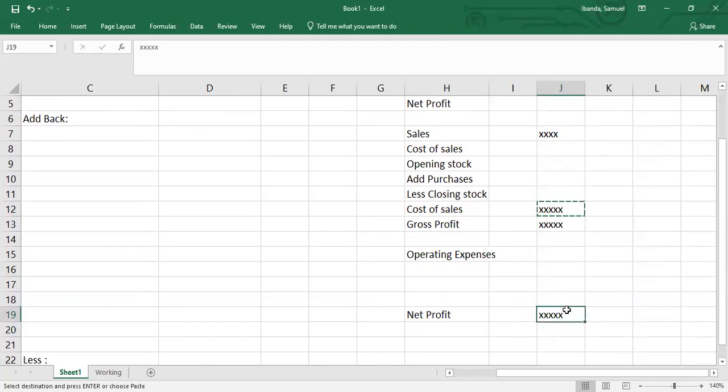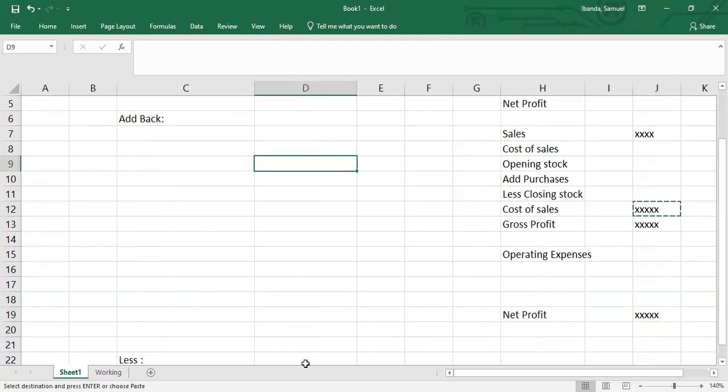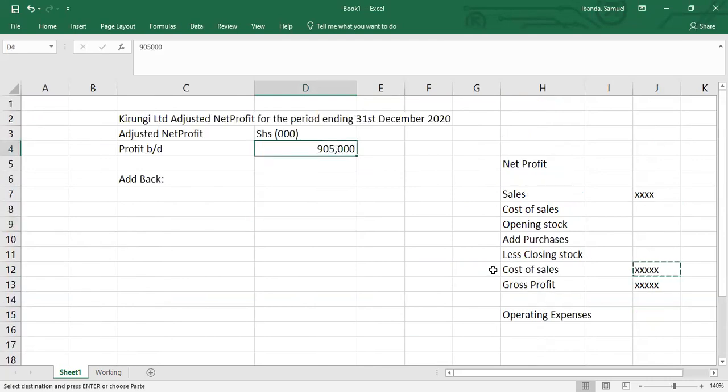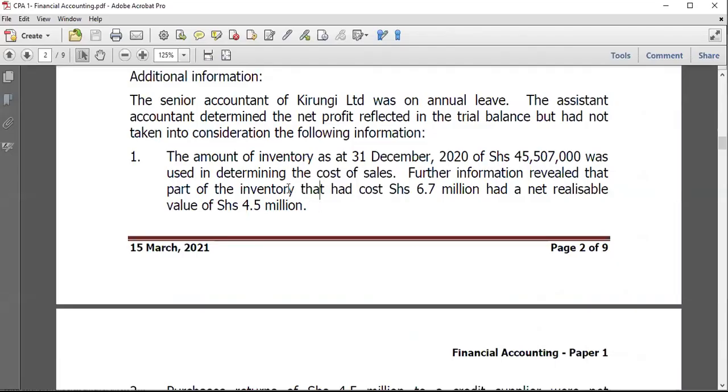Now, what I'm trying to do here is look at the information I've been provided and see how it impacts my net profit. The question has told me that the net profit I got was before this information. So this information came up after me getting the 905.